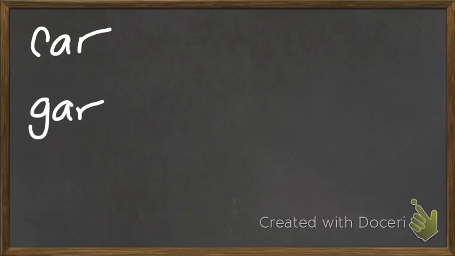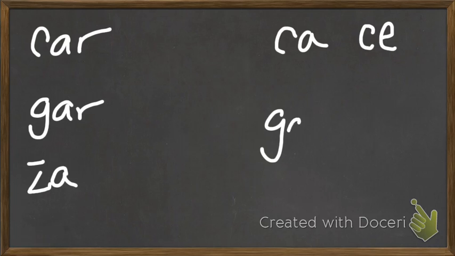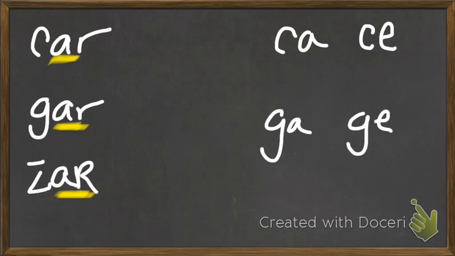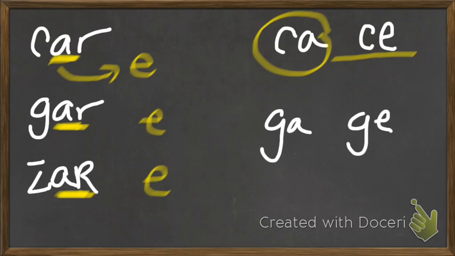So, cargar, zar. So we remember that ka makes a different sound than se. And ga makes a different sound than ge. Right? So here, again, otra vez, tenemos verbos de AR that are now going to be followed by an e. Alright, so we go from ka to se, ga to ge, unless we make some spelling changes.